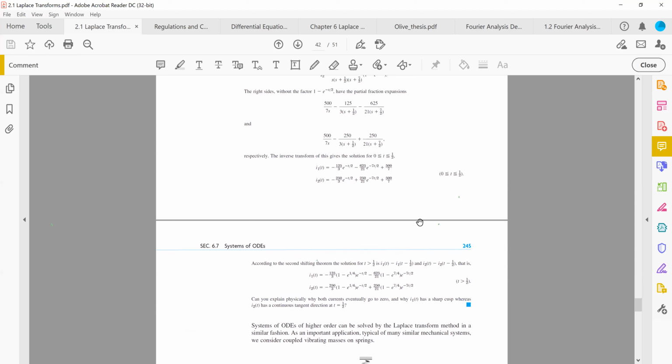Now, I hope you got the solution I did for you guys last week. I sent it to Israel. I hope he shared it with you and you had a chance to look at it. Again, if you use the same manipulation, according to the second shifting theorem, for t greater than a half, you have I1(t) minus I1(t minus a half), and I2(t) minus I2(t minus a half).